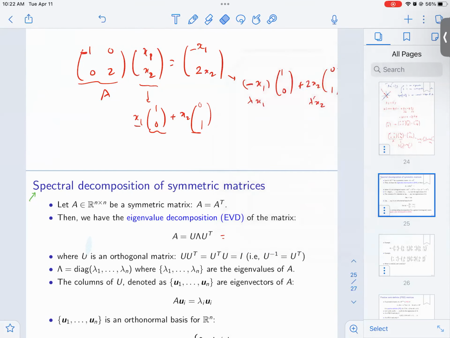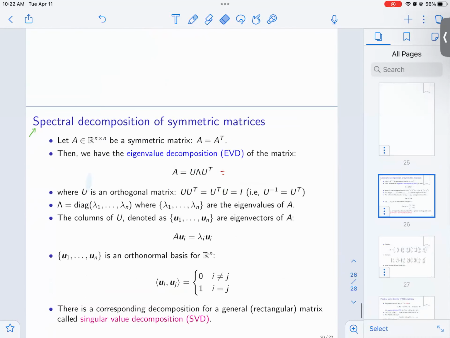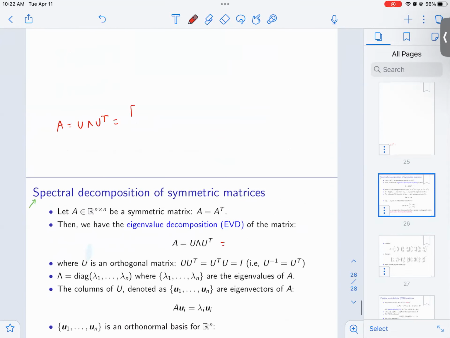Every symmetric matrix can be written like this. In the end, the final story is U1, U2 to UN, then lambda 1, lambda 2, up to lambda n. These are the eigenvalues, and then the transpose of this.